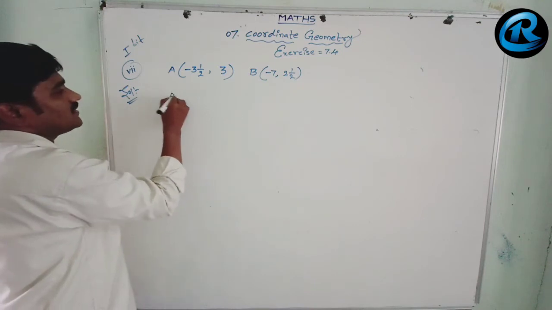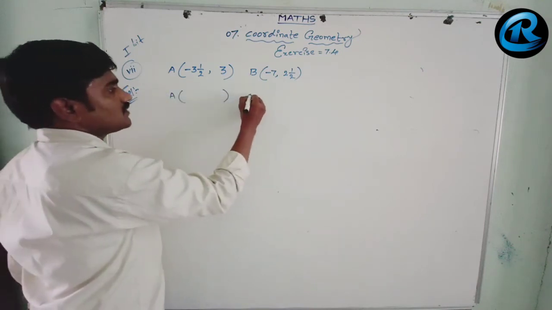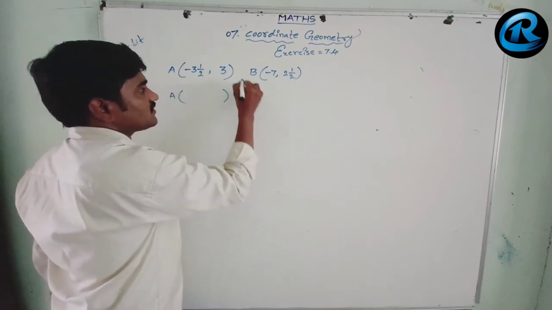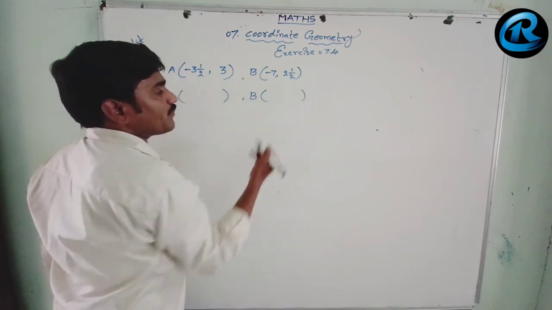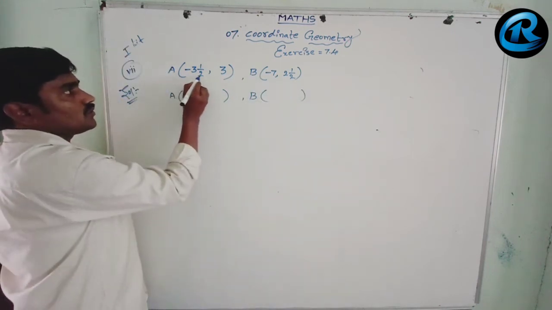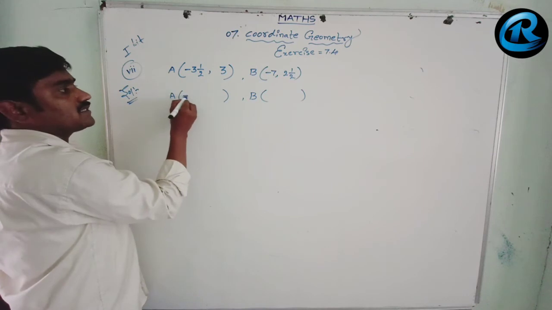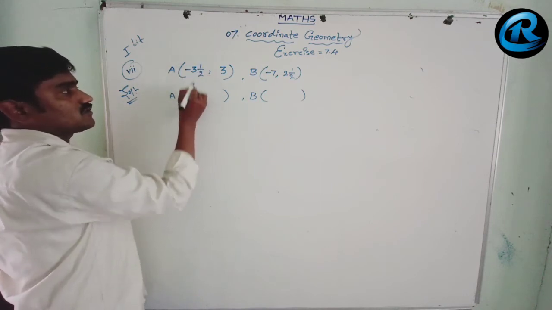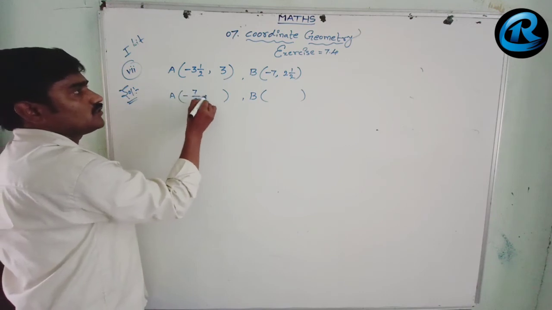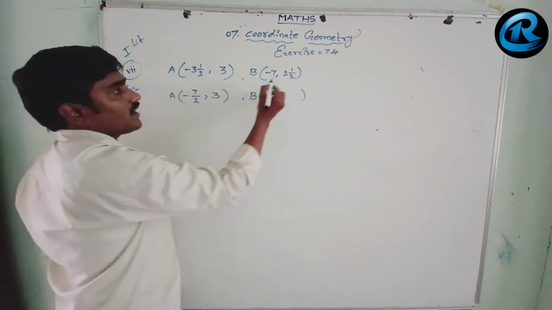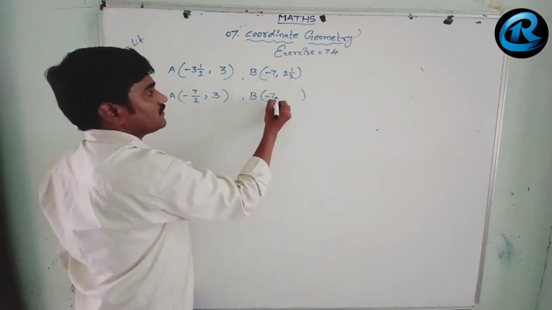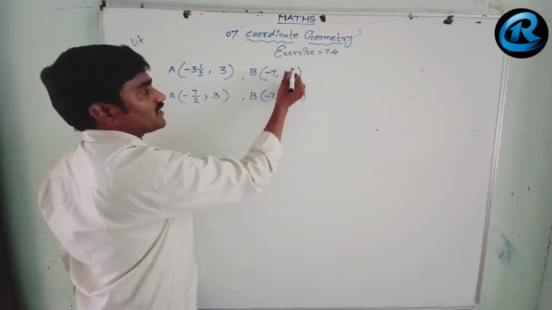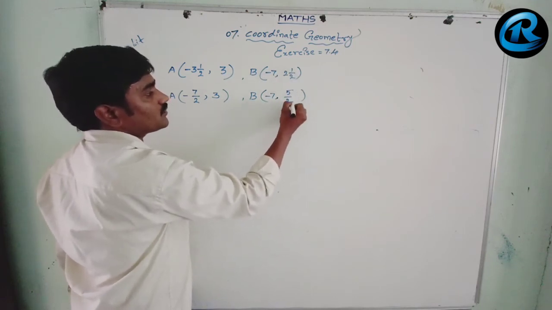These points are in mixed fraction form, so I would like to change them into improper fractions. Minus, 2 3s are 6 plus 1, that is 7 by 2, comma 3. And here minus 7, comma 2 2s are 4 plus 1, that is 5 by 2.